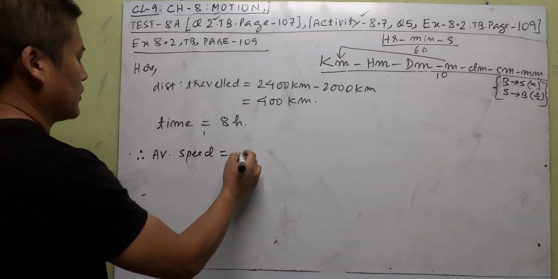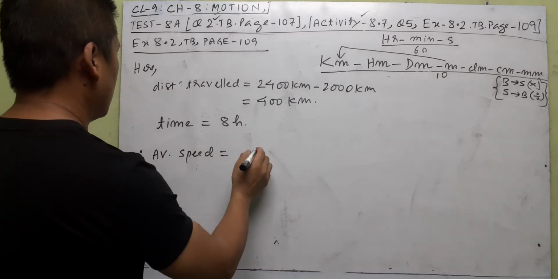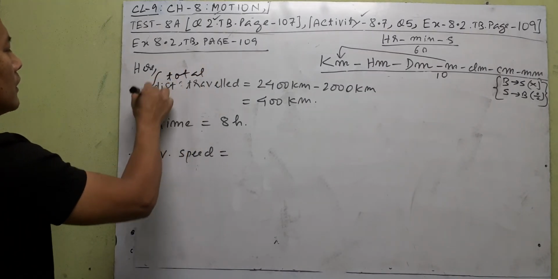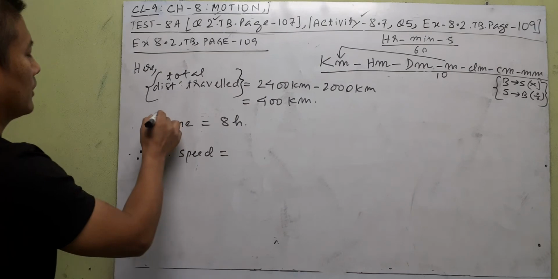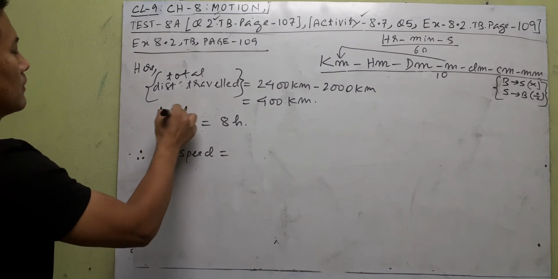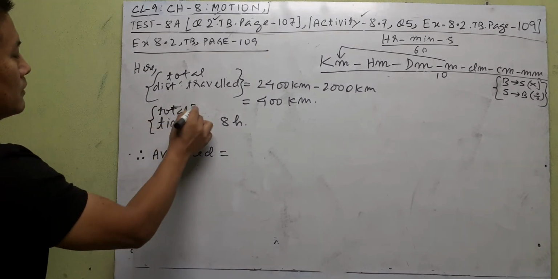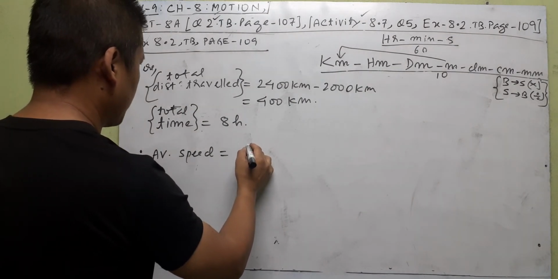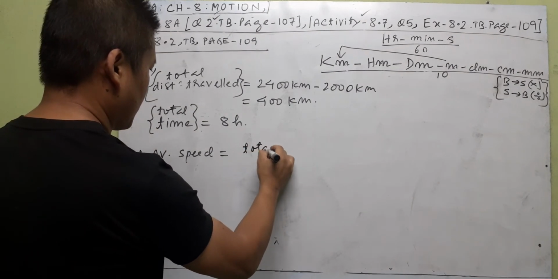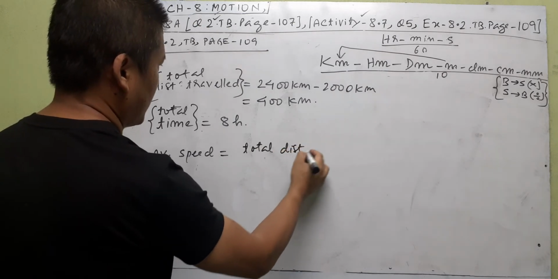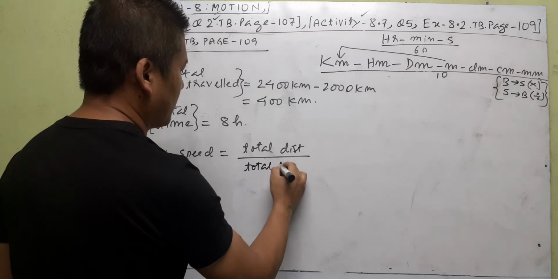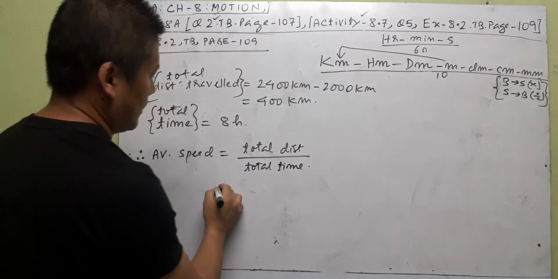We know the formula for speed: total distance covered divided by total time taken. That's our formula.